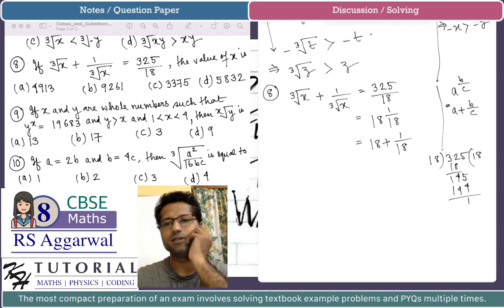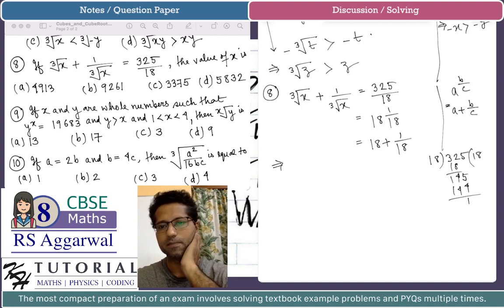Now just by seeing the pattern, on the right hand side it is 18 plus 1 by 18, and on the left hand side it is cube root of x plus 1 by cube root of x.